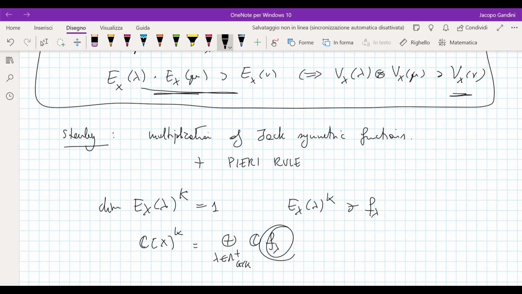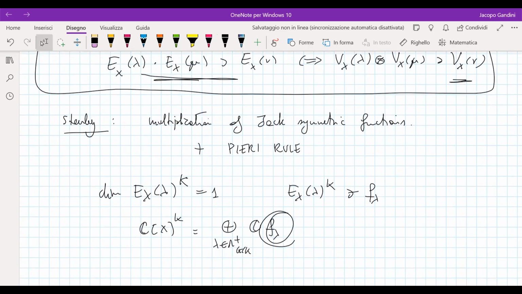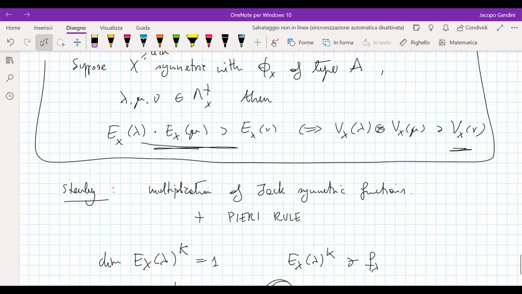So I will have to restrict this function to a suitable torus, and I will get a symmetric function, which is a specialization of the Jack polynomial at another value of the parameter. So this is the connection, and Stanley has this strong positivity conjecture about the multiplication of Jack symmetric functions, and we can just specialize the value. We are losing a lot of information, and we can obtain a conjecture which sounds like that.